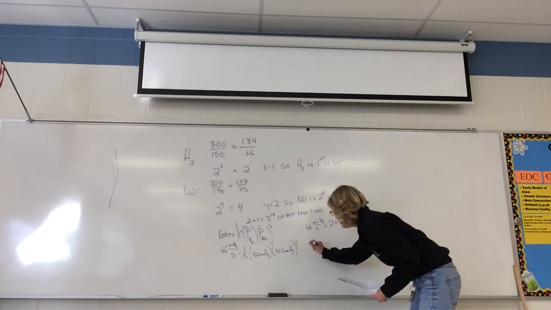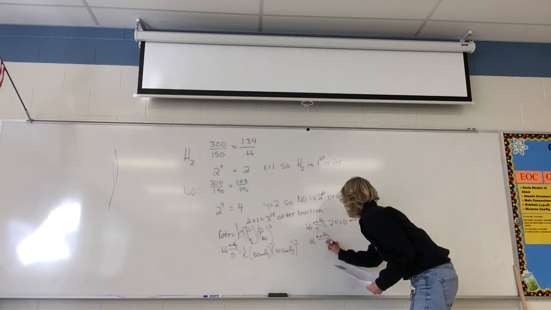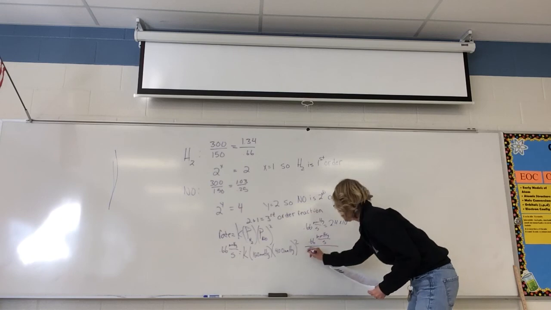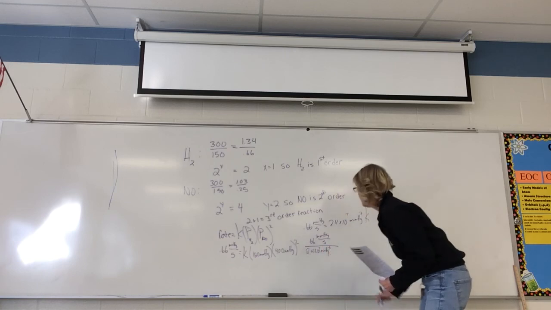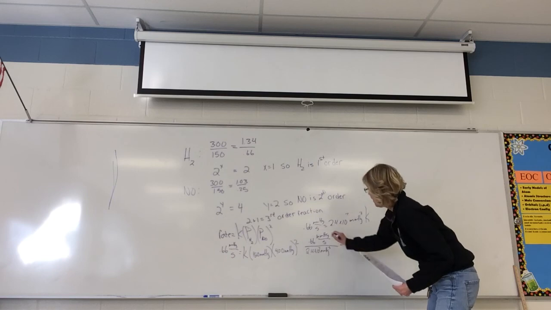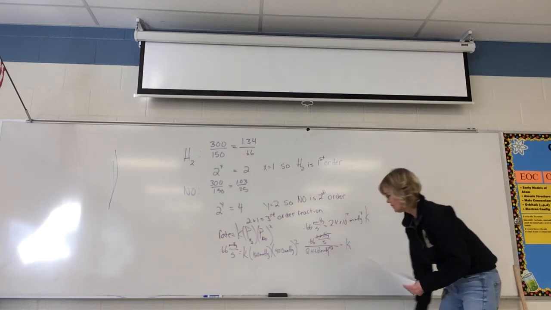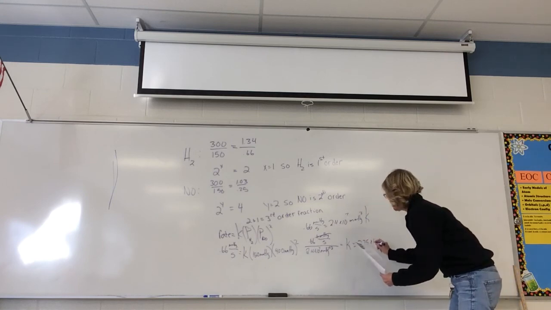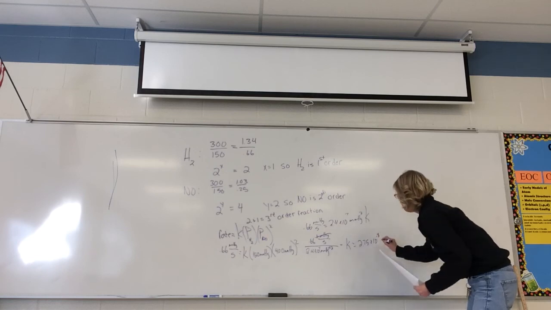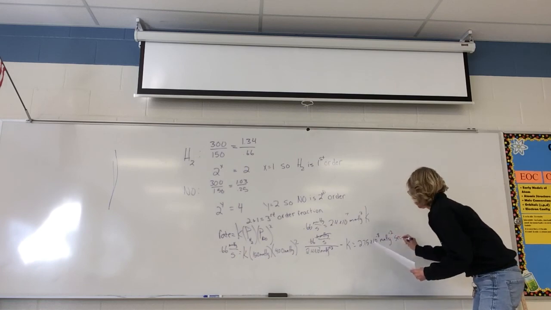Then I divide 0.66 millimeters of mercury per second divided by 2.4 times 10 to the 7th millimeters of mercury cubed equals K. That millimeter of mercury is going to cancel. One of those will cancel. So my units are 2.75 times 10 to the negative 8 millimeters of mercury to the negative 2 second to the negative 1.